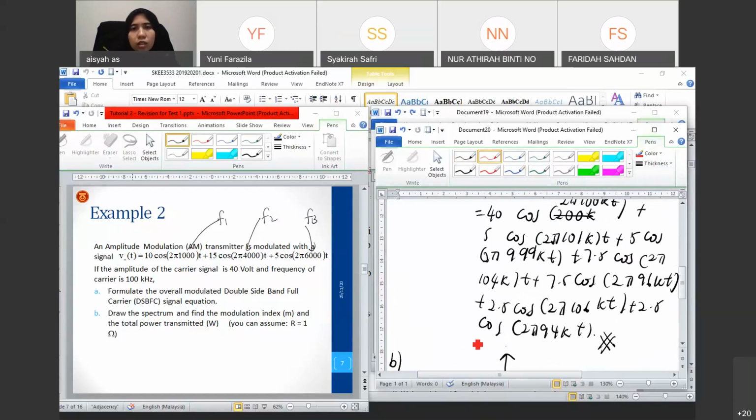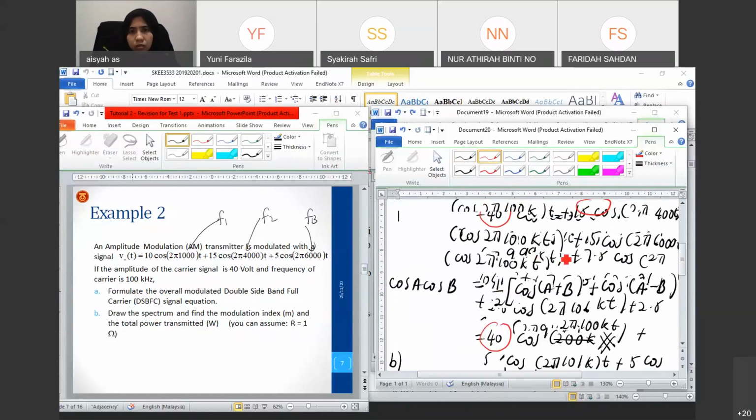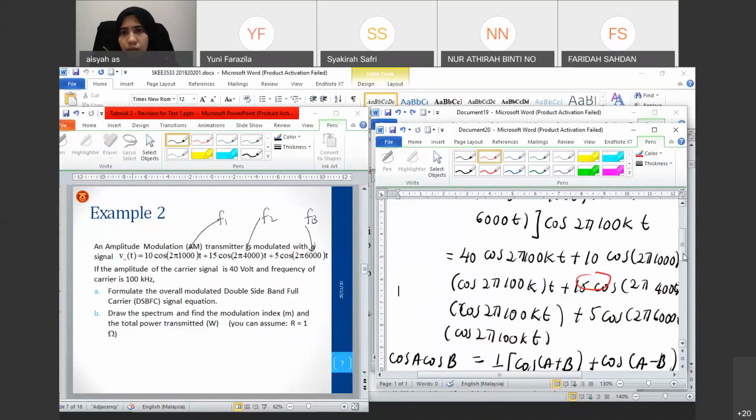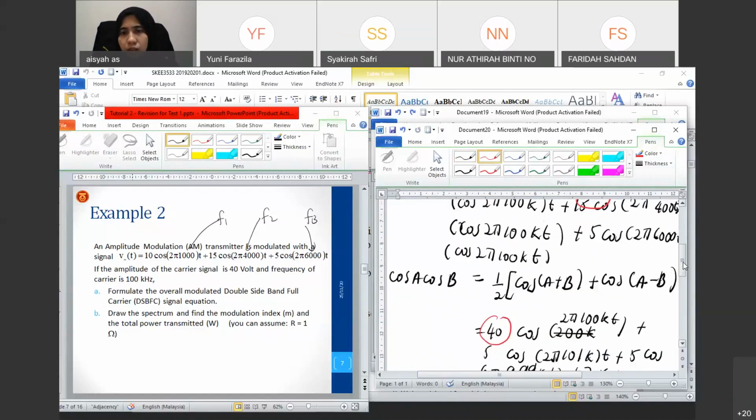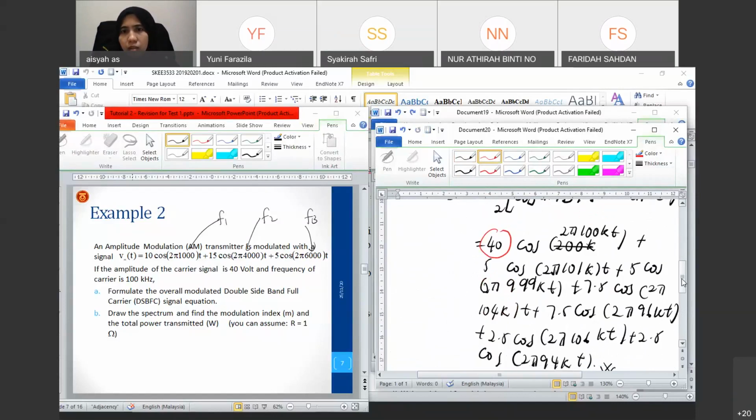This is the EC, and then FC, and this is all the detail for the sidebands.